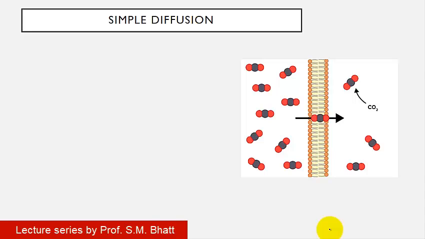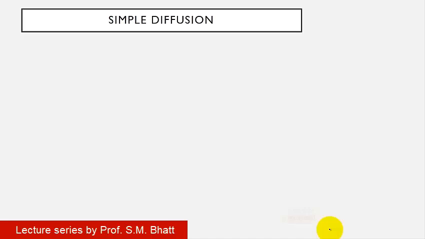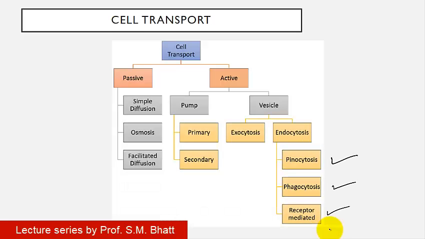In endocytosis, anything comes inside the cell. In exocytosis, anything goes outside the cell. For example, breastfeeding by babies: mother's milk comes out of the breast because of exocytosis. Hormones are secreted by exocytosis.